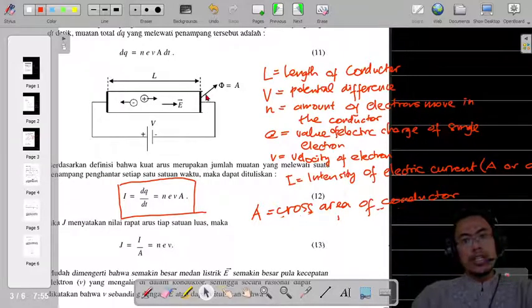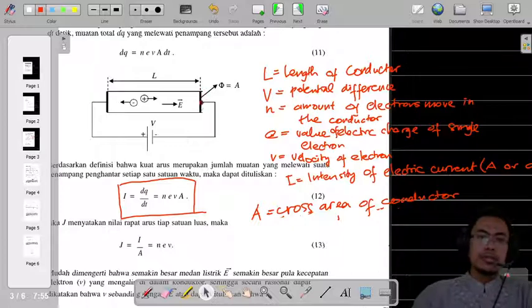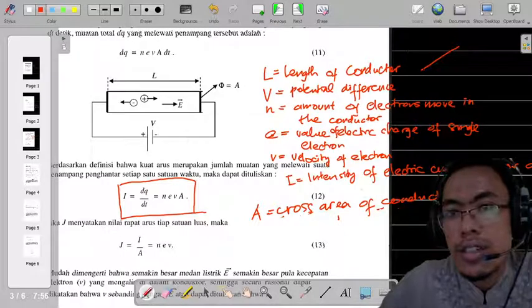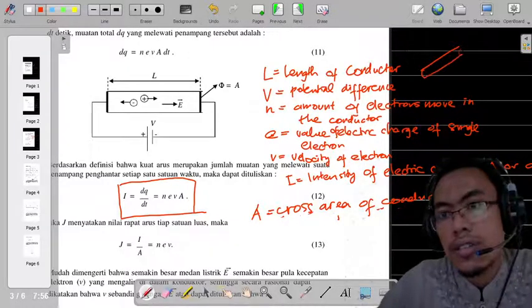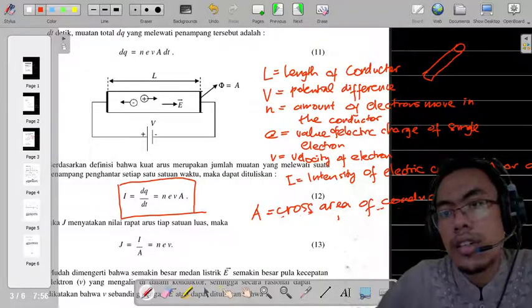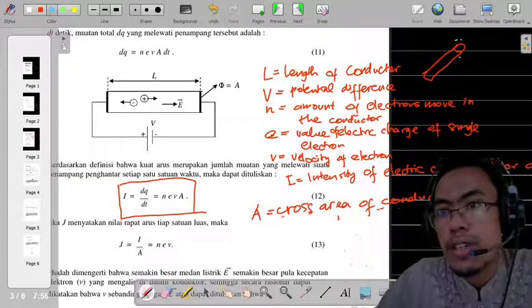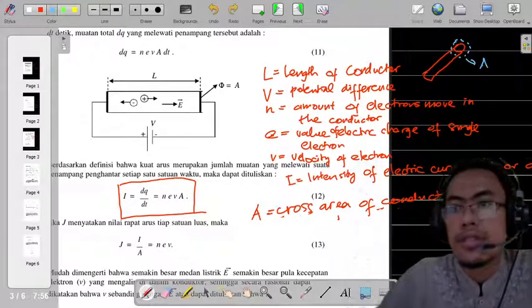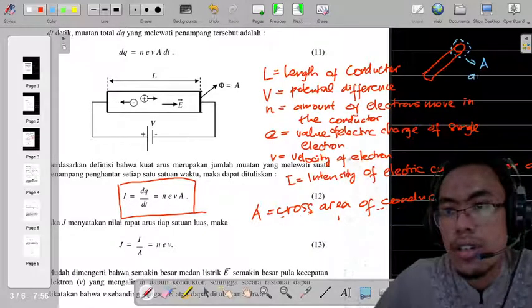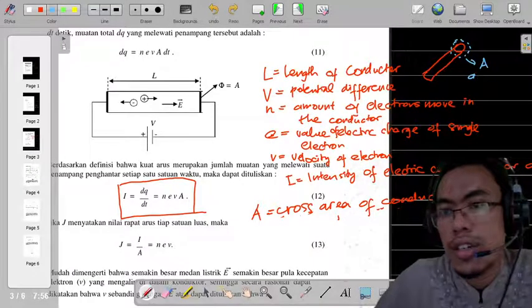So let's say in this part it has a surface area of A. Let's say this is an electric wire, then this one is A, the area, cross section area.